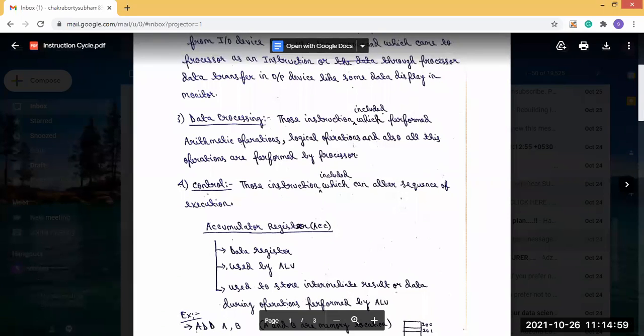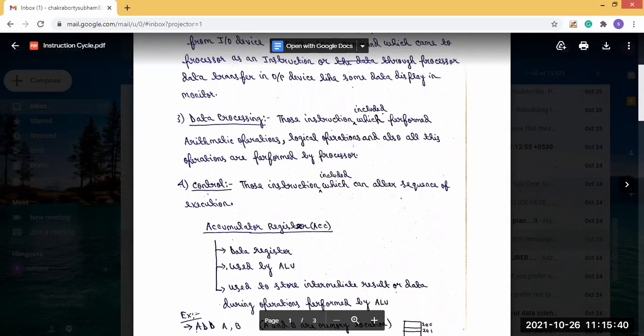During the operations performed by the ALU, this register is used to store the intermediate or temporary results. Okay, so this is the concept of the accumulator register.